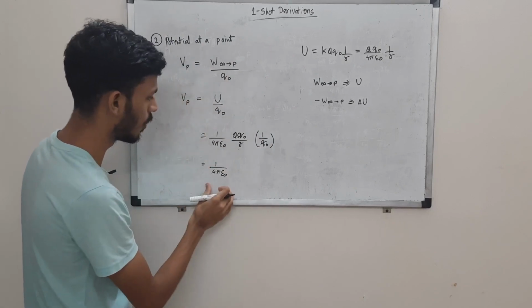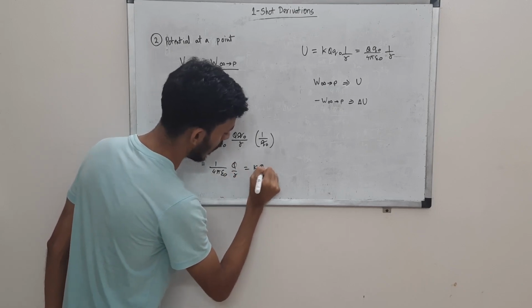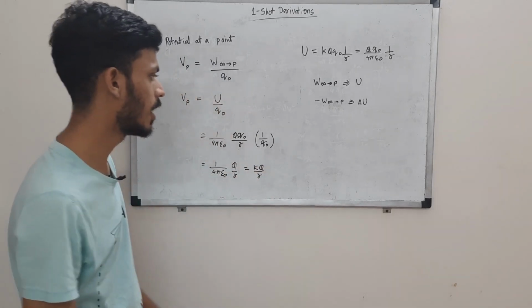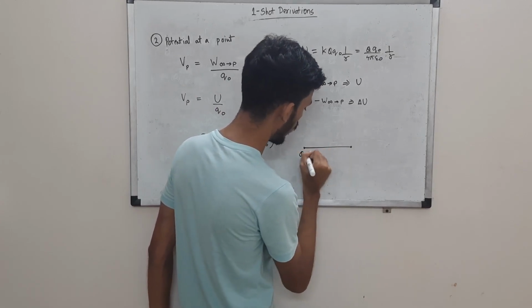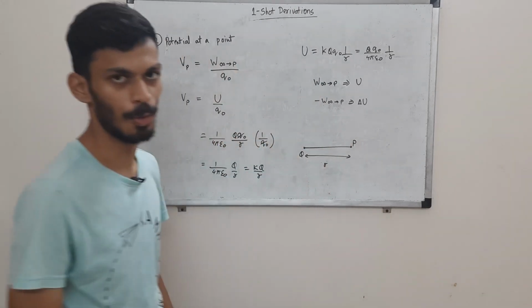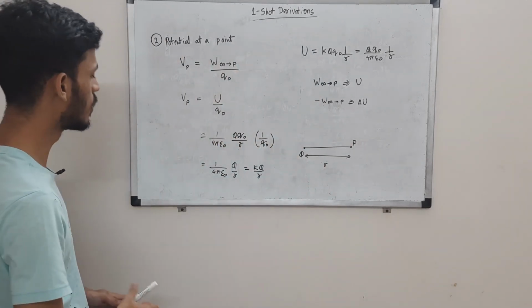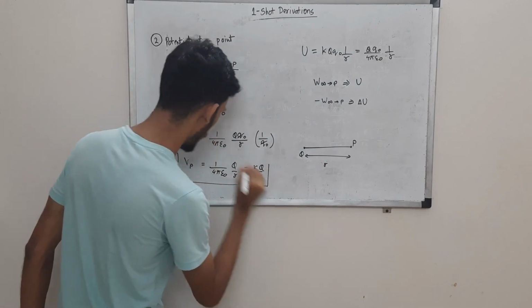So 1 upon 4 pi epsilon naught Q by R, or you can say KQ by R. This is the potential at a particular point P, which is at a distance of small r from the source charge Q. So this is the expression for potential at point P.